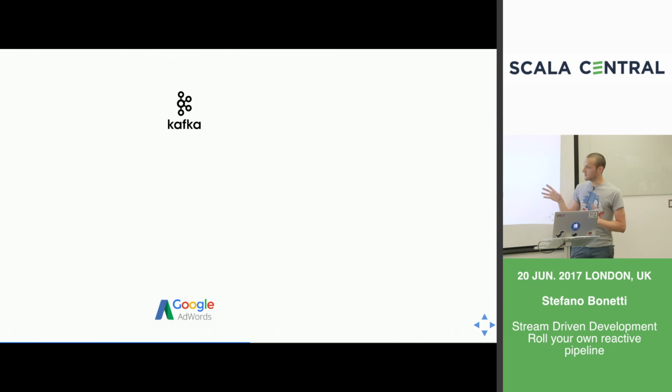So let's first design the types of this sample pipeline. We've got Kafka, we've got AdWords. We'll need, first of all, a source. And this is going to be, of course, a source of property. This is an entity we still have to design, but we definitely need a property entity there. And this one will materialize, as the last type is always the materialized value, to a Shutdownable trait.